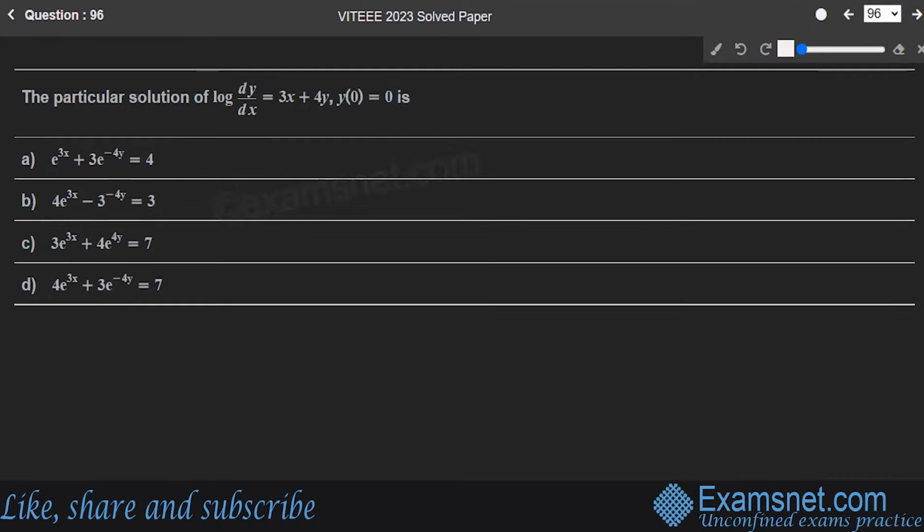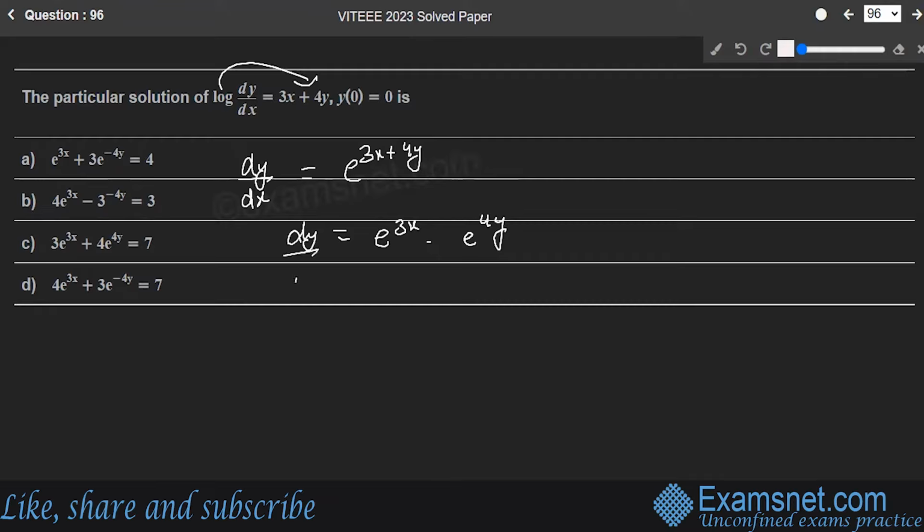The particular solution of this given equation is equal to. So here you have dy by dx. I'm taking the log to the right hand side. This will be given by e raised to power 3x plus 4y, which is given by e raised to power 3x into e raised to power 4y.